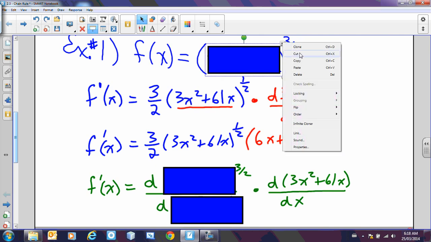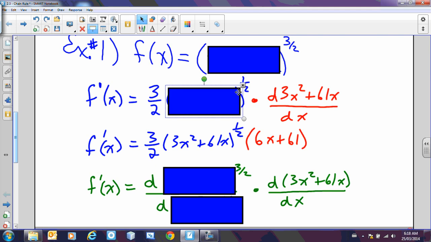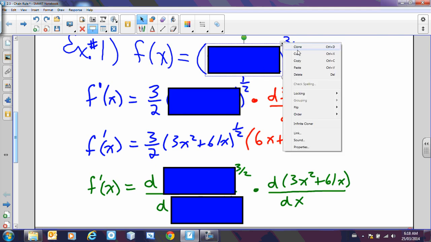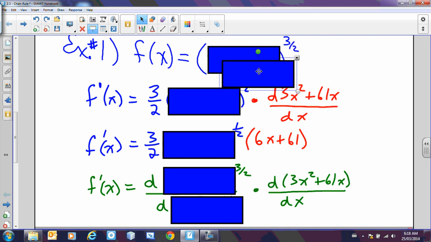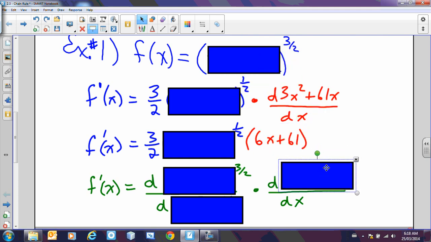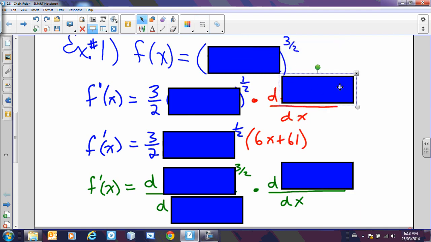And so whatever was in that spot there is ignored at the first step. The second step will be then let's deal with what's actually there in terms of x as well. And so again, in all of these cases, I'm not worried about what's in the brackets initially. I just know that I have to deal with some unknown value to exponent 3/2, which means I'm going to have 3/2 times that unknown value to the exponent 1/2.